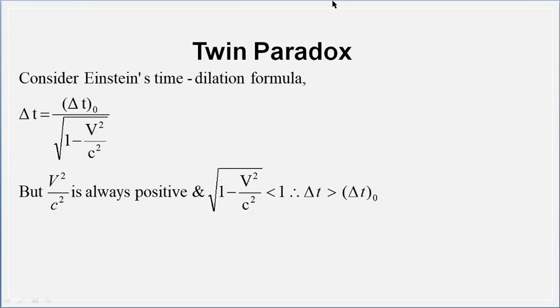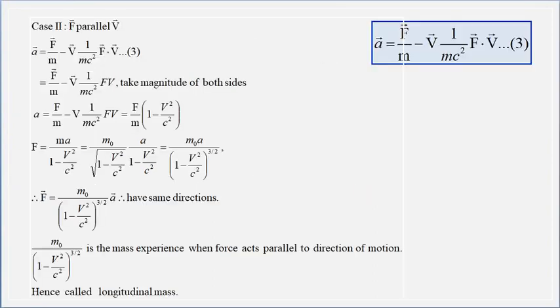Now, one more thing I forgot to mention yesterday: the mass m equals m naught by root of 1 minus v square by c square. The higher the velocity, the more the mass. Suppose the body moves with a higher velocity, the mass is more.